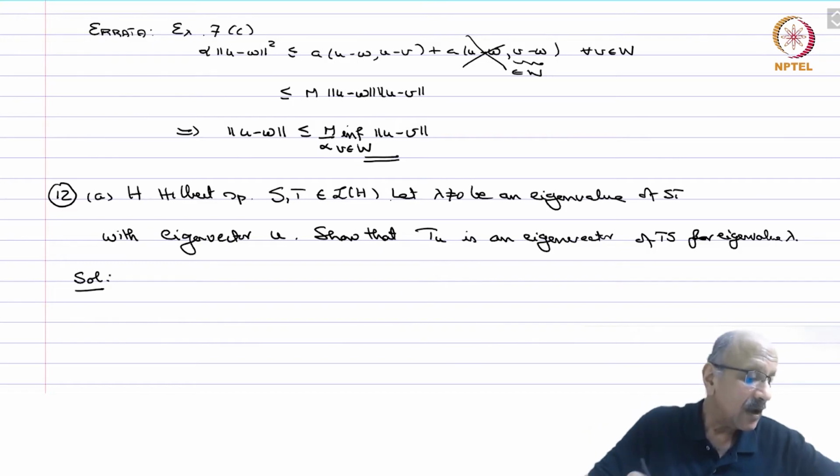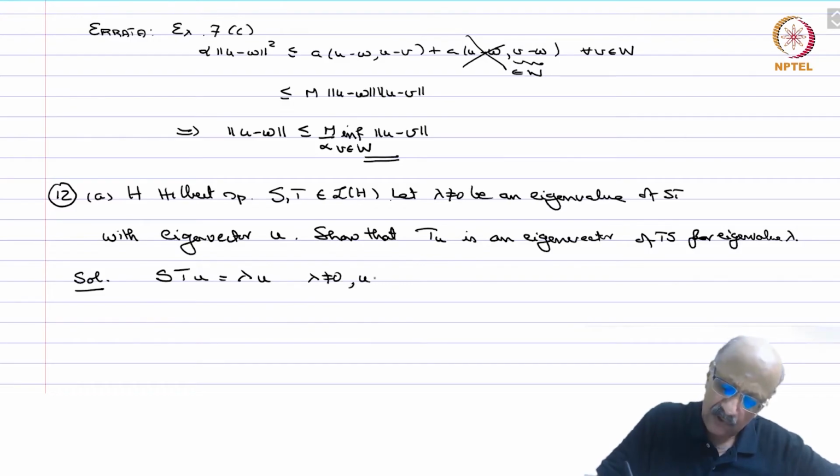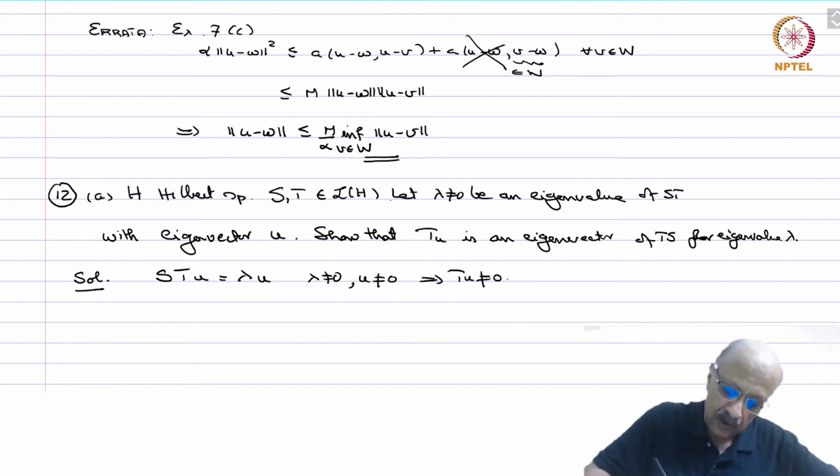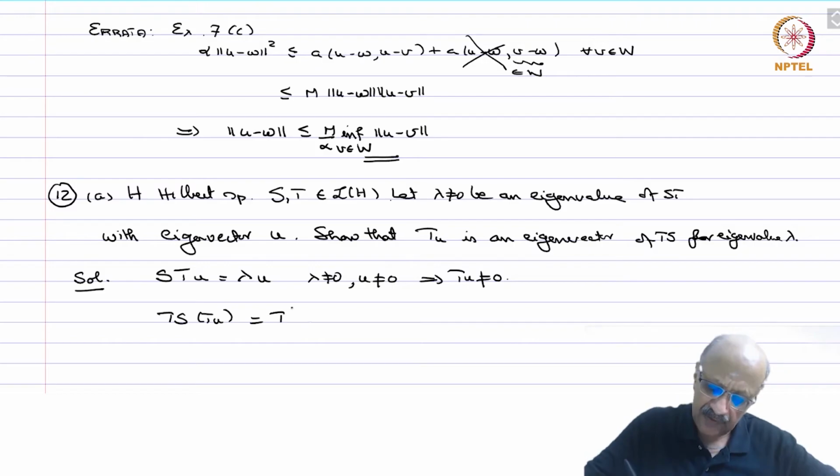So you have that S of Tu, ST is the operator, so S of Tu is lambda u, and lambda is not equal to 0, and obviously u is also not equal to 0, so this implies that Tu cannot be 0. Okay, so Tu is not 0. Now TS of Tu is T of ST of u.